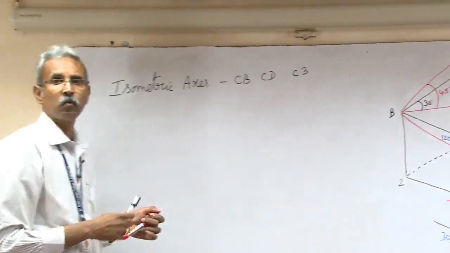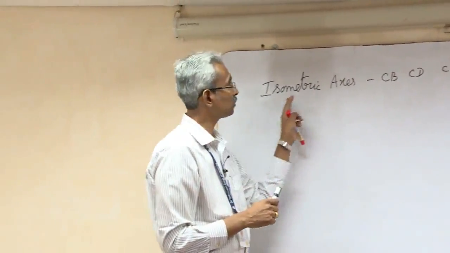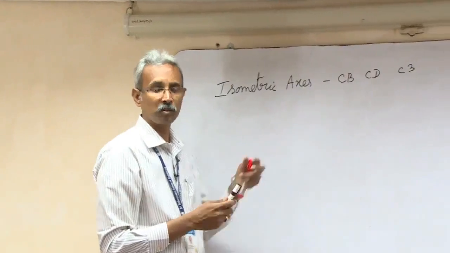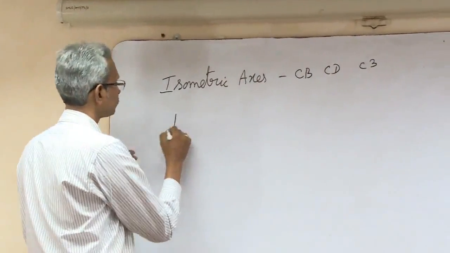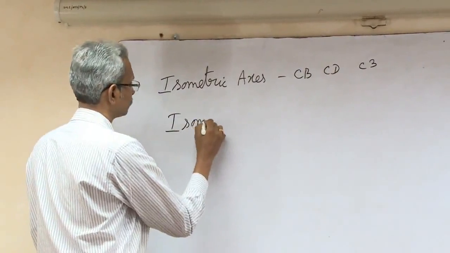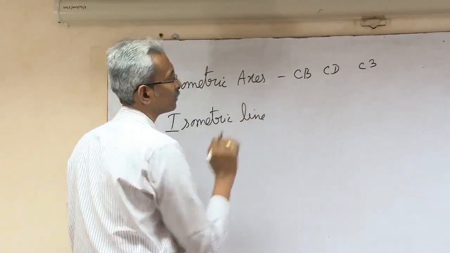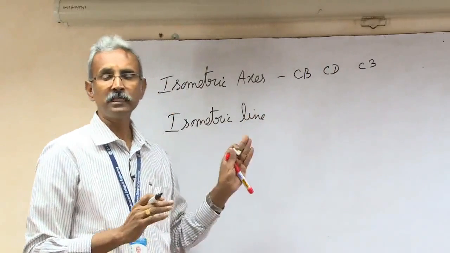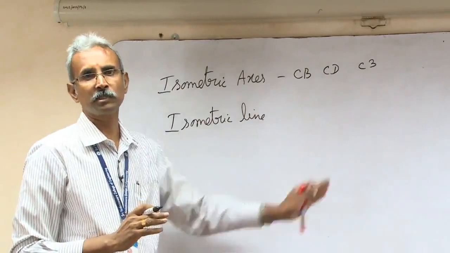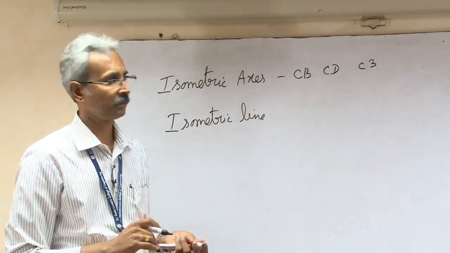So the lines which are all parallel to the isometric axis are called isometric lines.